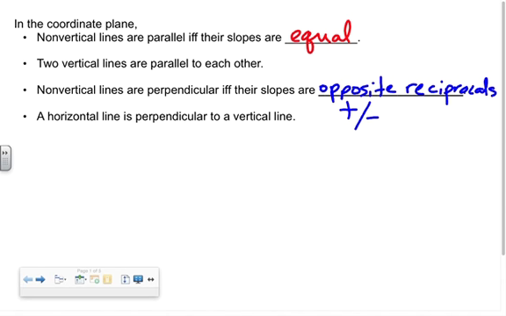Opposite means change the sign. When you take the reciprocal of a fraction, remember that means that you're flipping it upside down. So, again, a disclaimer, because vertical lines have no slope, you can't take its slope and change the sign and flip it. But of course, visually, we know that a horizontal line is going to be perpendicular to a vertical line.